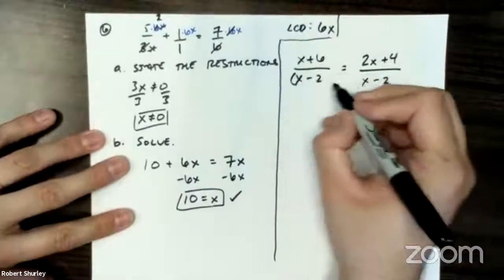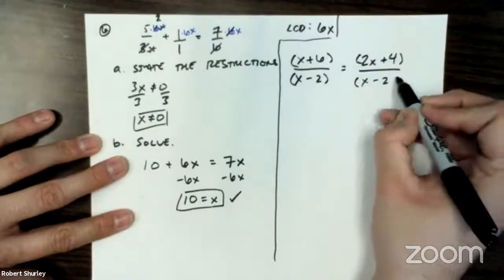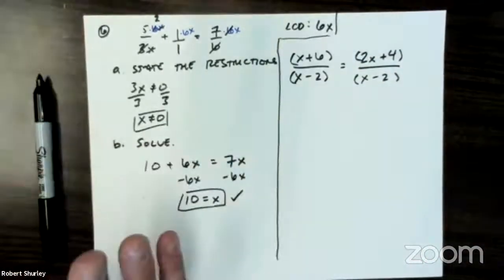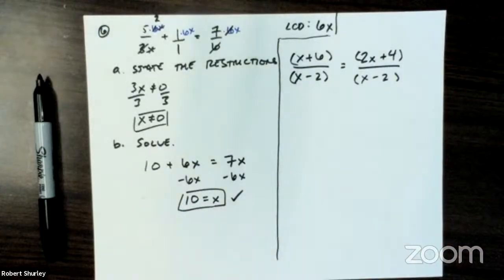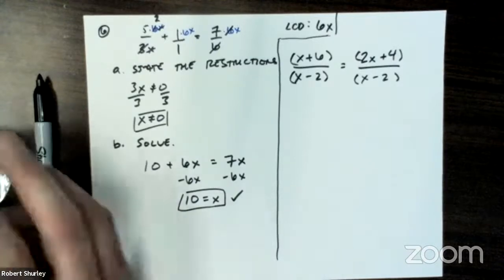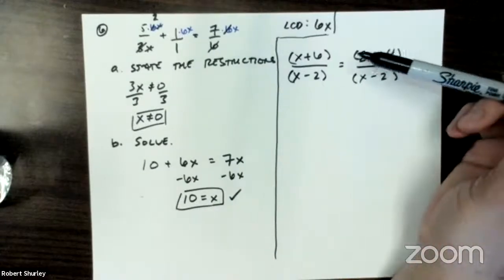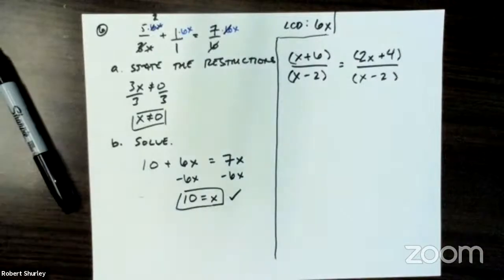But I'm going to put parentheses around anything with an addition or subtraction in the numerator or denominator. Notice if you go back, none of the examples we've done so far have had addition or subtraction in the numerator or denominator. And just like before in 6.3, I'm going to put parentheses around it before I get started, so my brain doesn't cancel 2x and x and 4 and 2. No, you can't do that because it's a whole parentheses, okay? You have to have the exact same thing in the top and bottom.